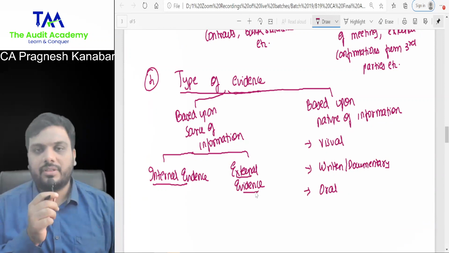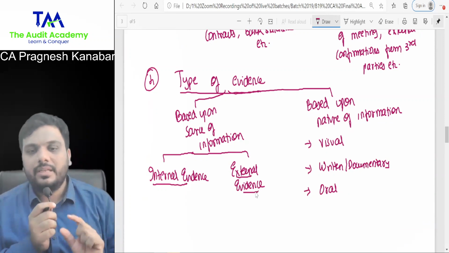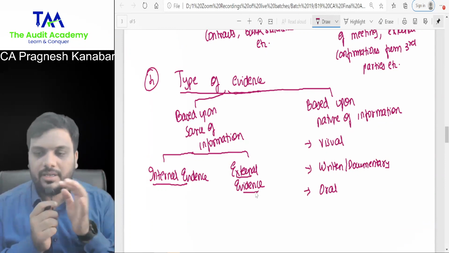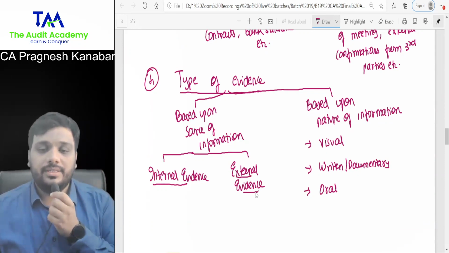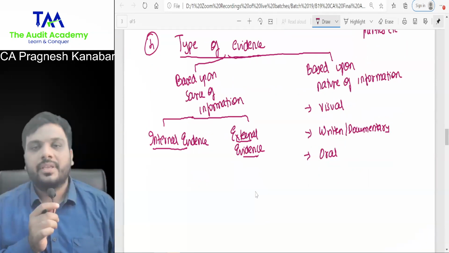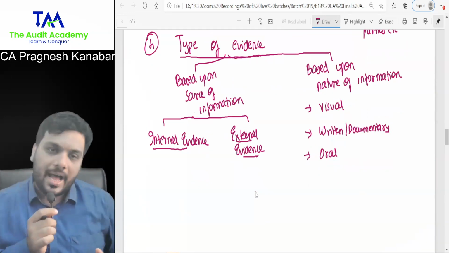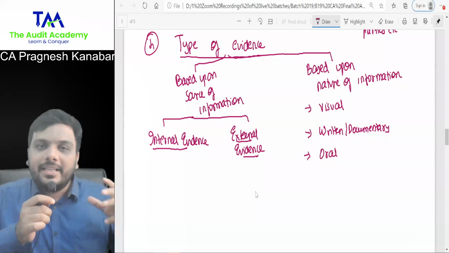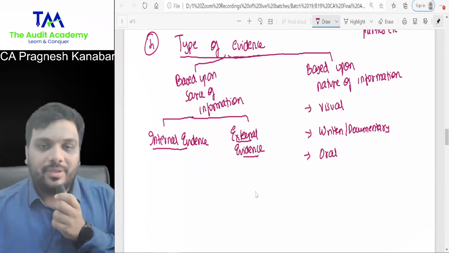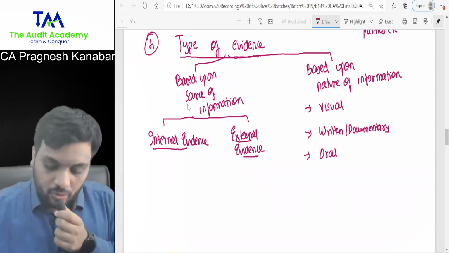I'll elaborate further. So tell me, purchase invoice. It is an I for internal evidence or E for external evidence? And the whole chat box is I. Okay. Now listen to me. You have to focus on the source.